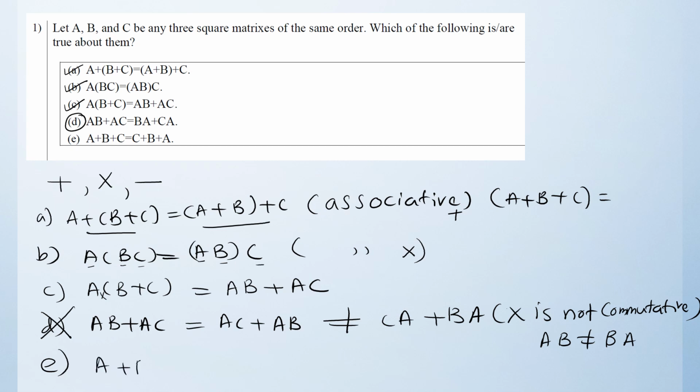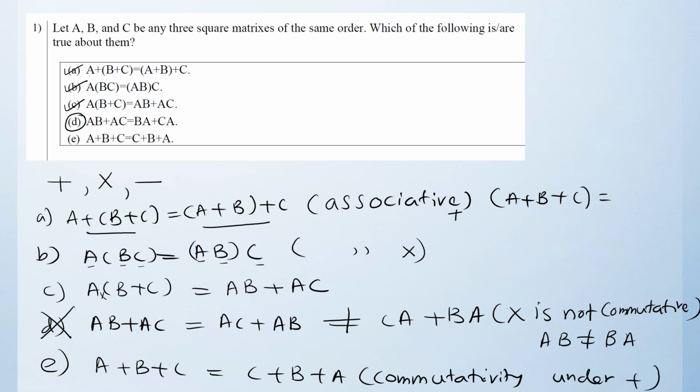So A plus B plus C will be the same as C plus B plus A, commutativity under addition. So E is true. The answer is A, B, C and E.